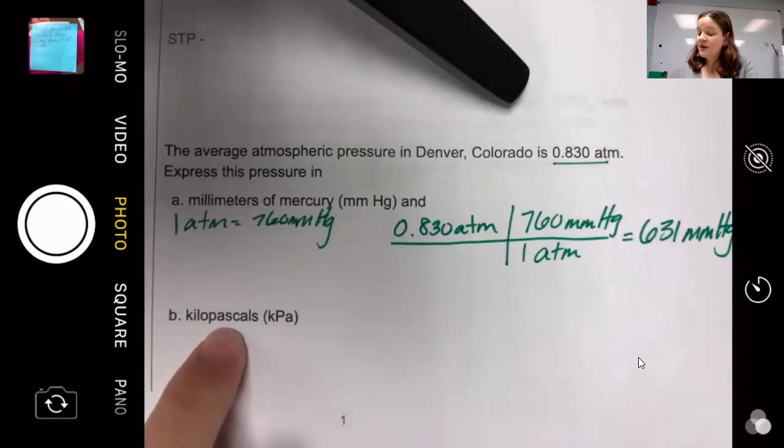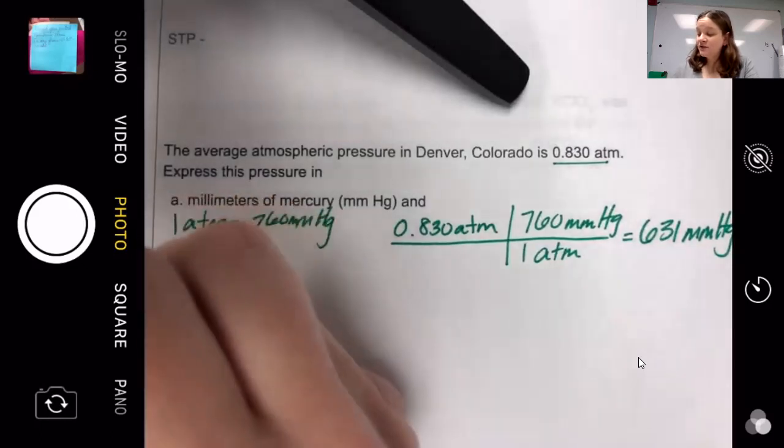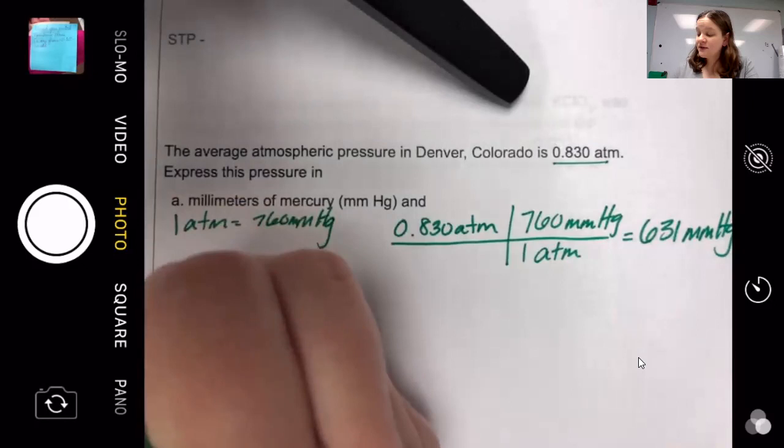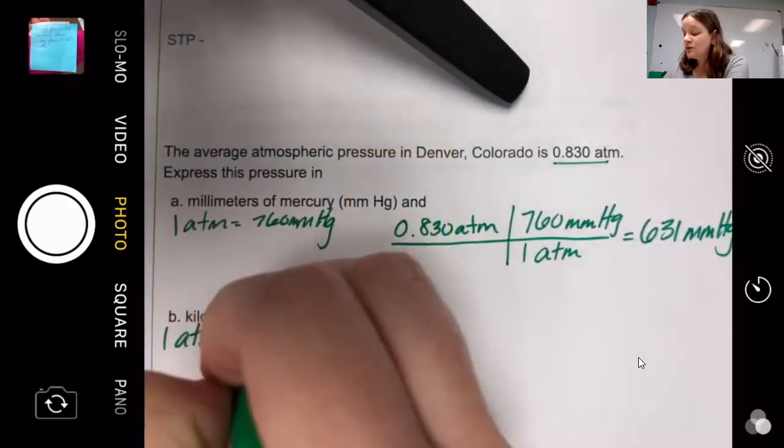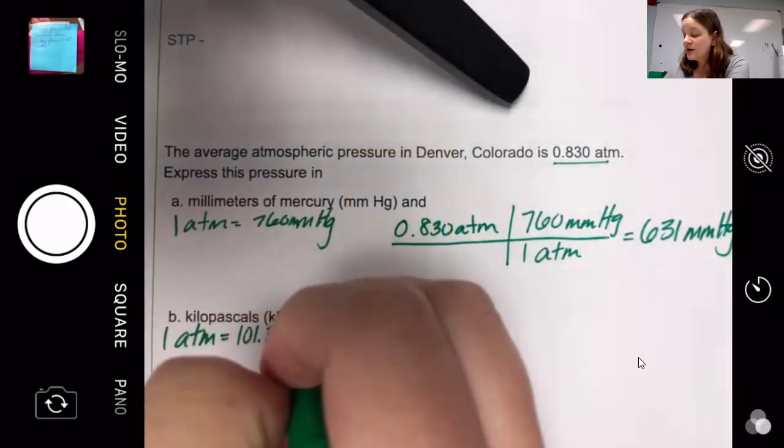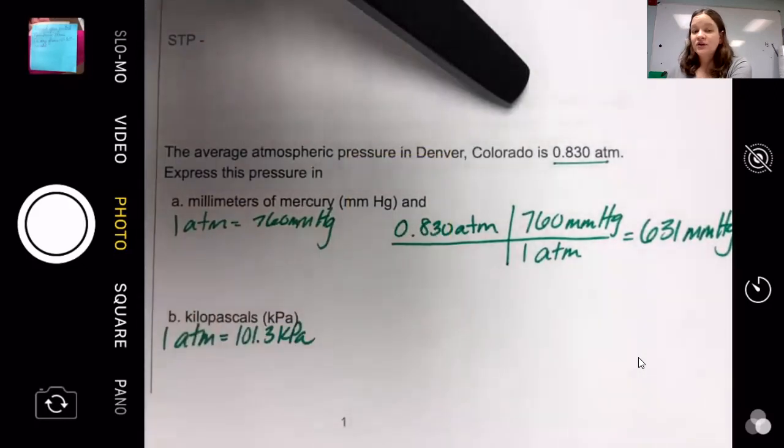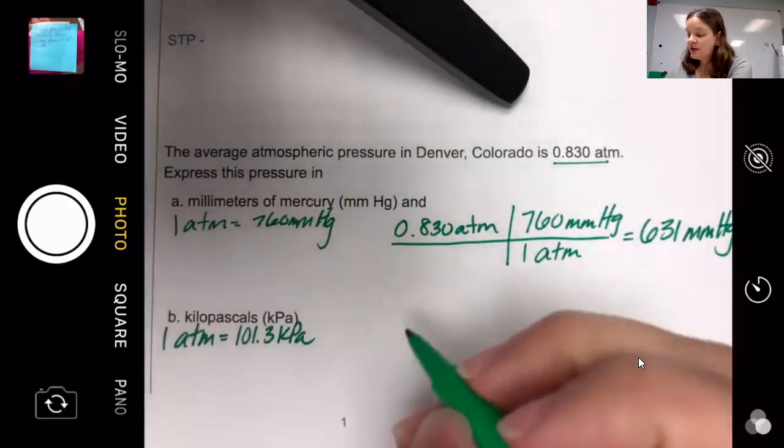To do the kPa, we said that 1 atmosphere is equal to 101.3 kPa. You're going to eventually start memorizing these just because you use them so often.